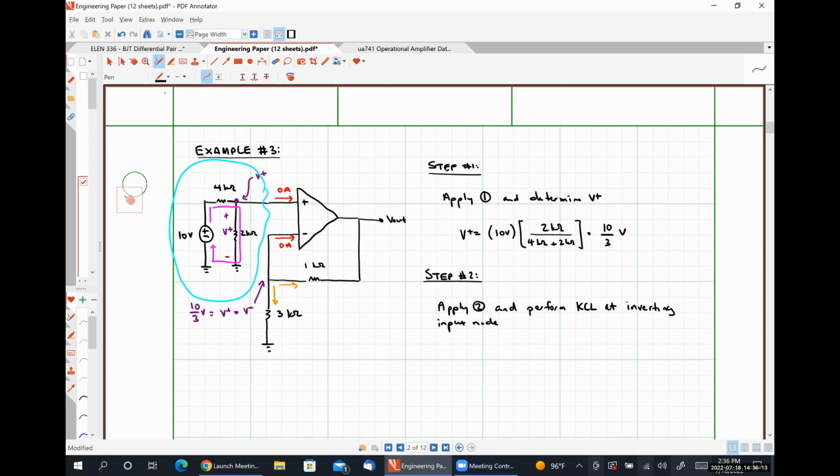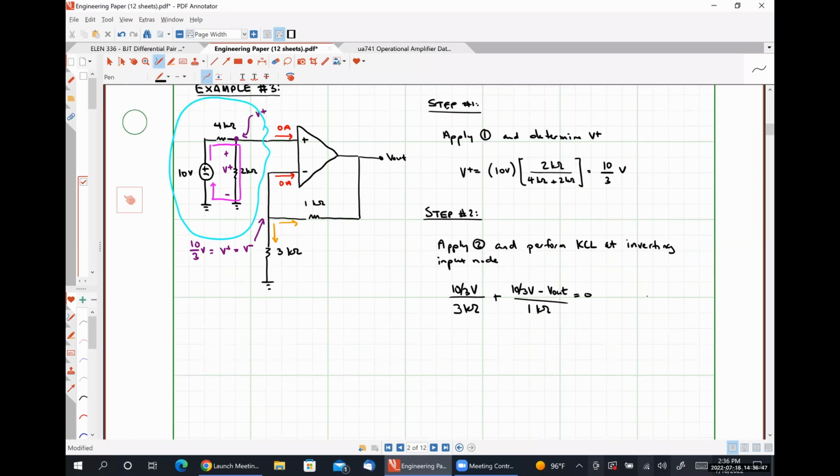So the current flowing down through the 3 kilo ohm resistor is 10/3 of a volt divided by 3 kilo ohms. The current flowing to the right through the 1 kilo ohm resistor is 10/3 of a volt minus V out over the 1 kilo ohm resistor. We set this equal to 0.